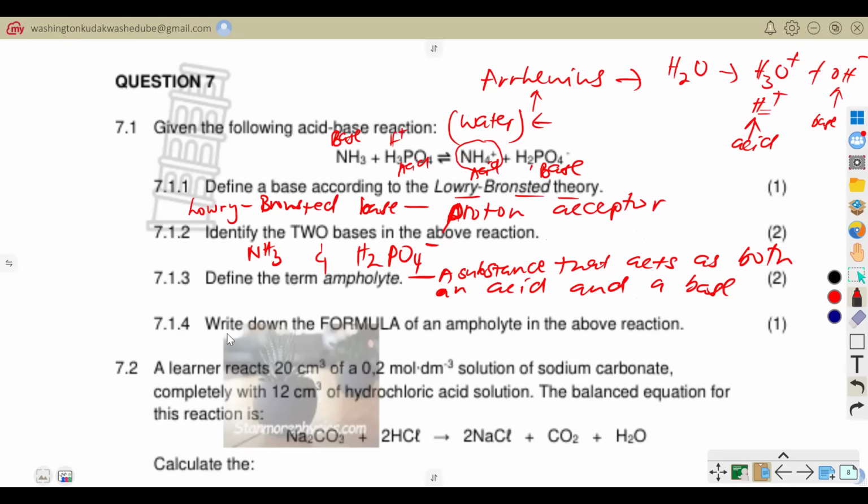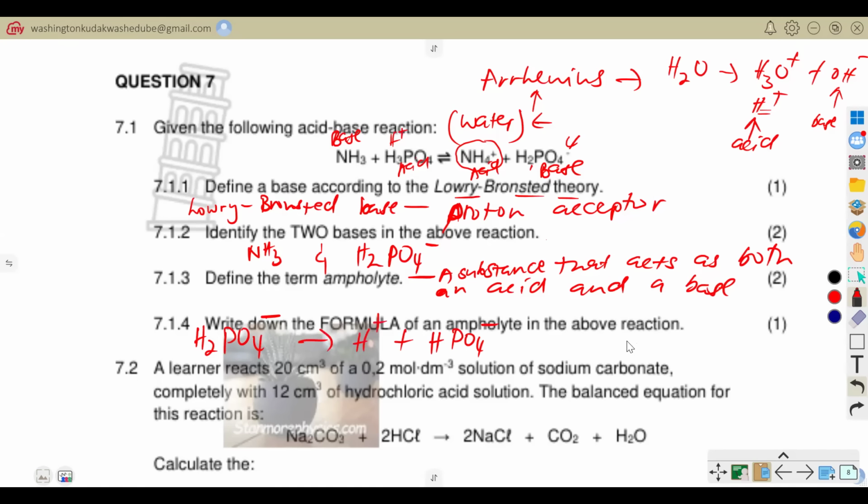Now they are saying write down the formula of an ampholyte in the above reaction. So in the above reaction, the ampholyte here would be this one. Why? Because this H2PO4 minus can either donate an H plus and then it will remain as HPO4 minus.